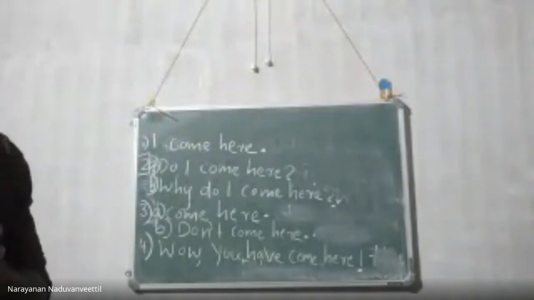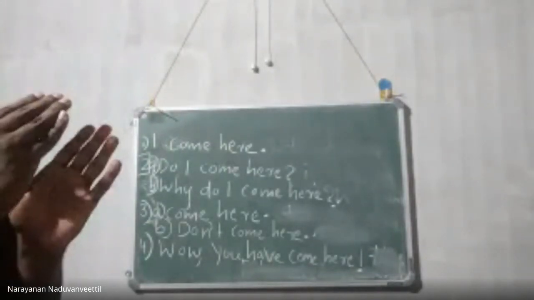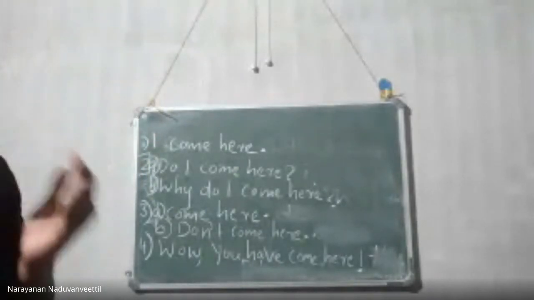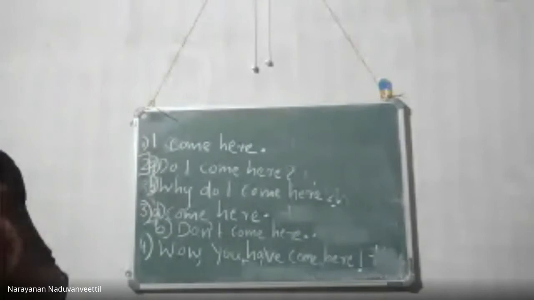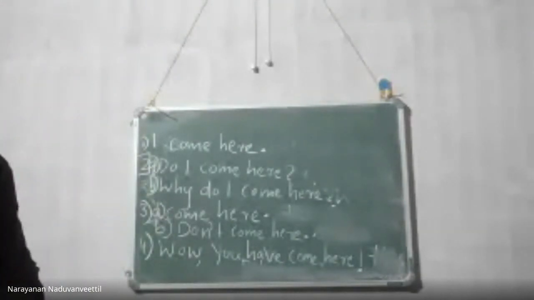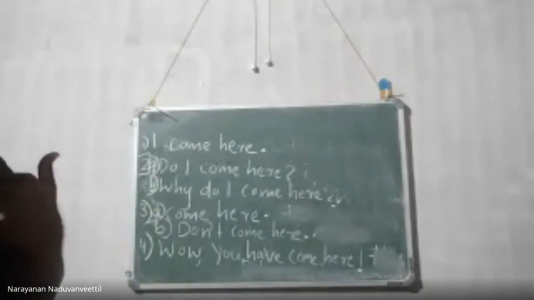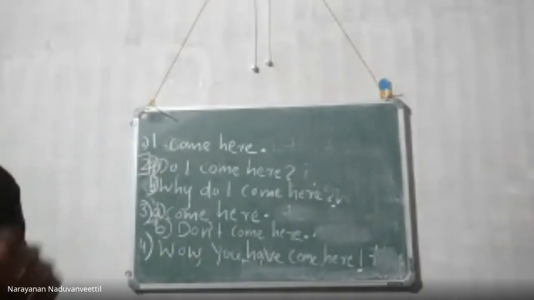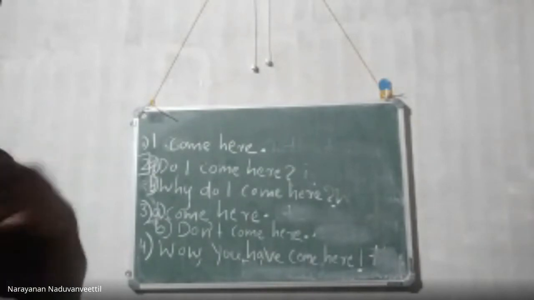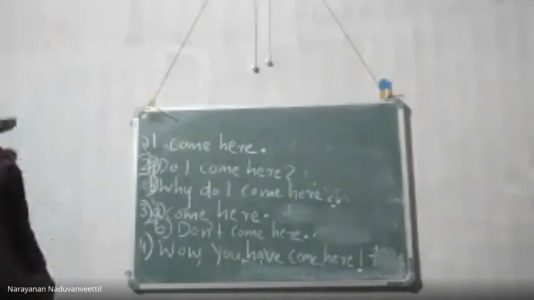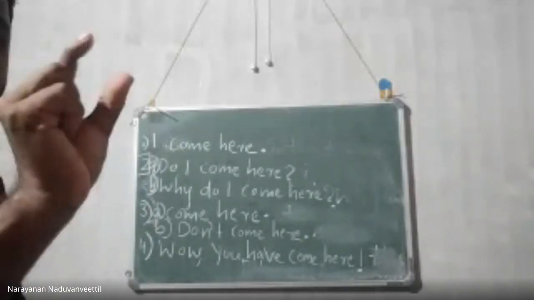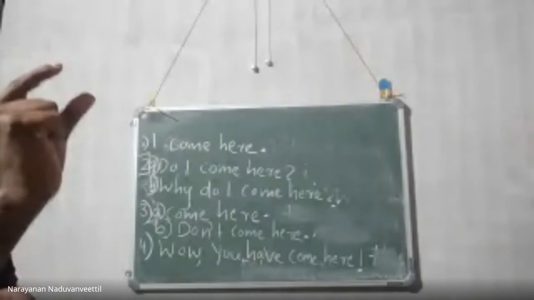Let us see how the pronouns change. I changes into he or she. You changes to he or she. Okay. Me, in objective position, changes to him or her. And we changes to they.